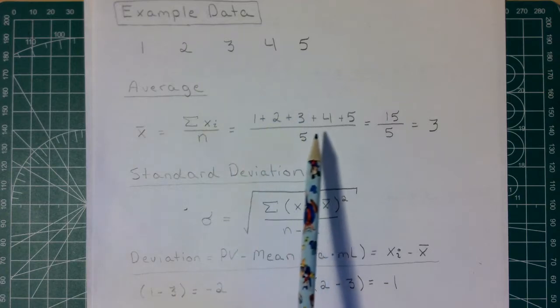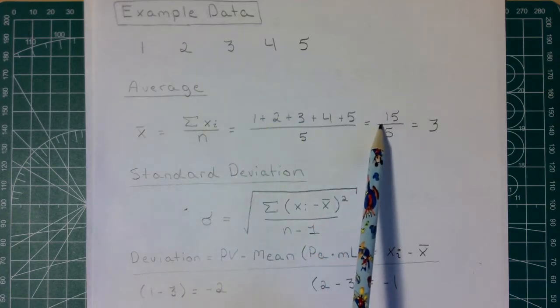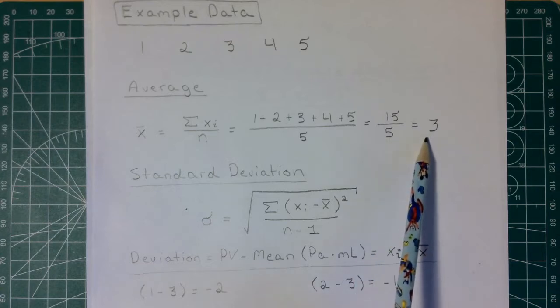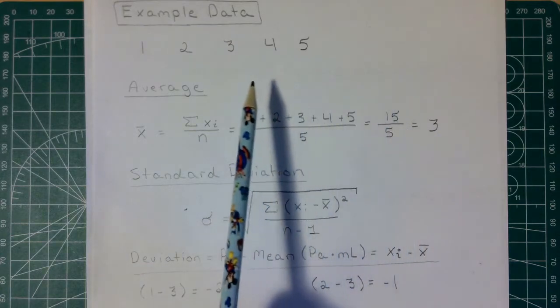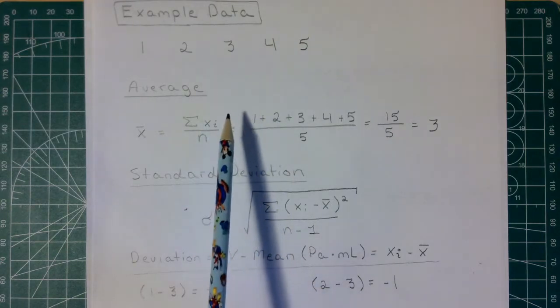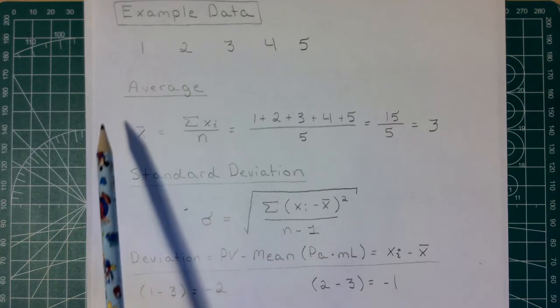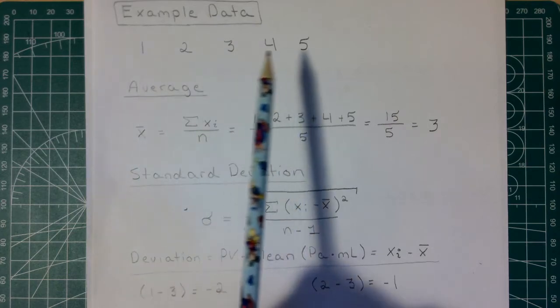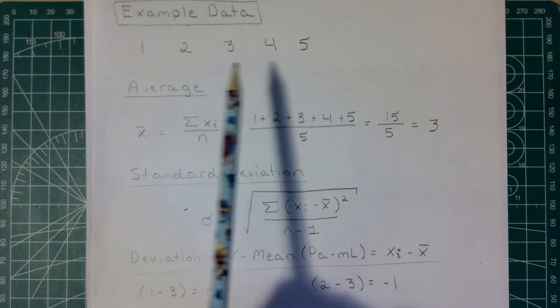If we add all these together, we get 15. We divide that by 5 and we get 3, which actually makes a lot of intuitive sense because 3 is the middle of this data set, and that is pretty much what the mean is going to give us, a sense of the central tendency of our data set.